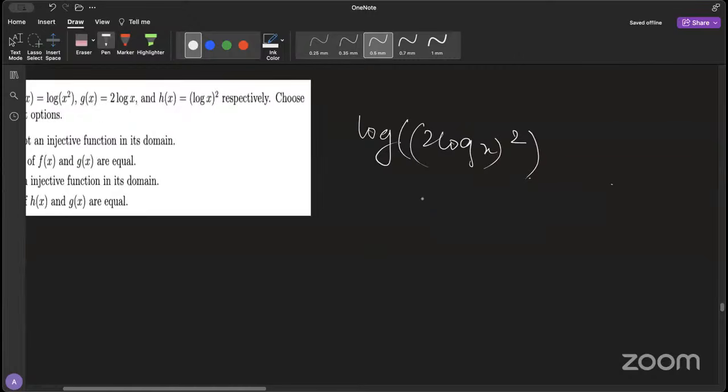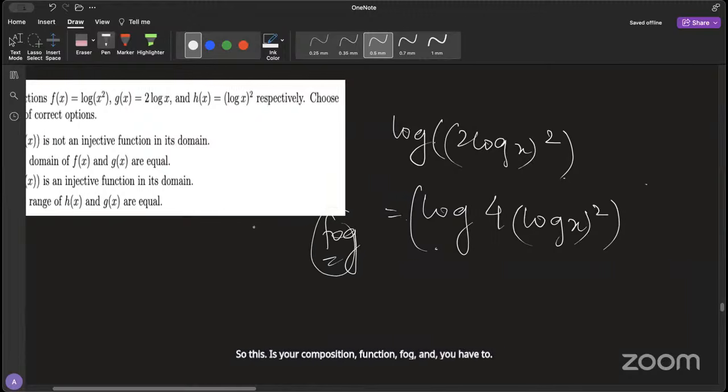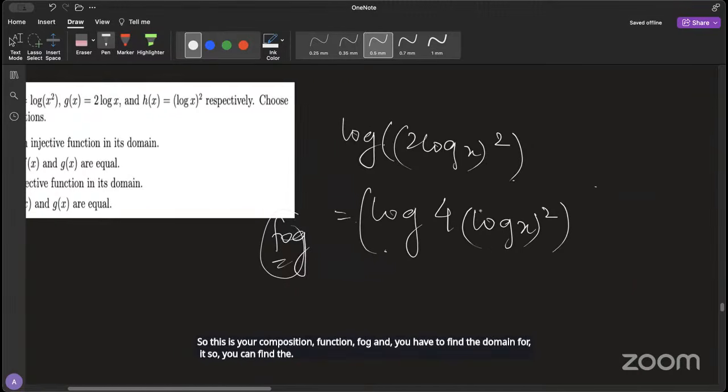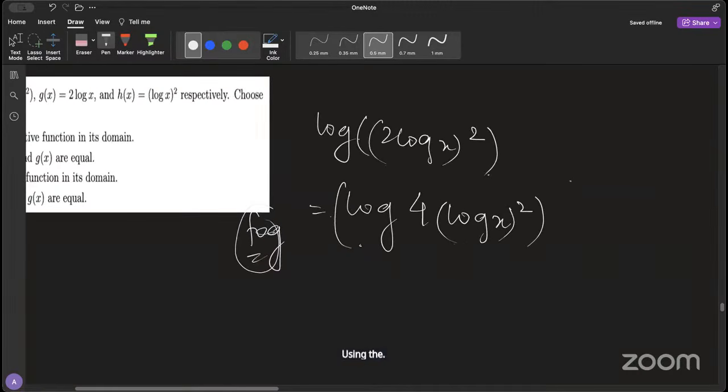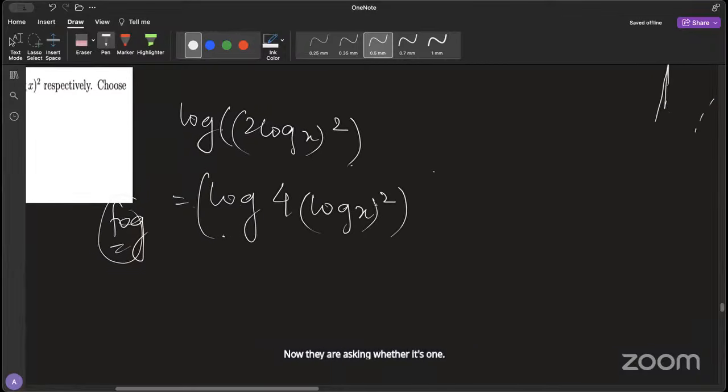And the domain of this will be, so you will have here log of 4 log x square. This is your composition function FOG, and you will have to find the domain for it. So you can find the domain using the formula for composition of FOG. Now they're asking whether it's 1, 1 or not 1, 1.